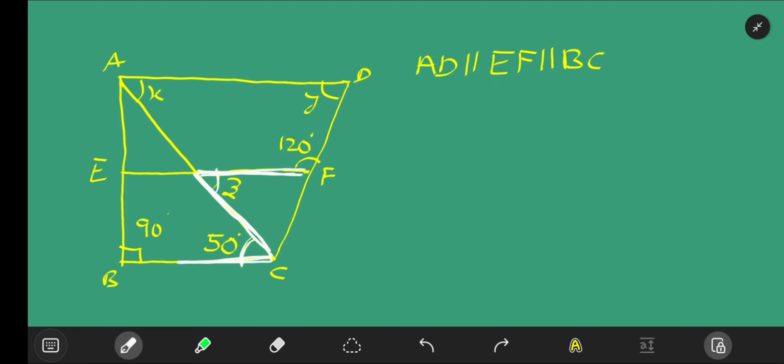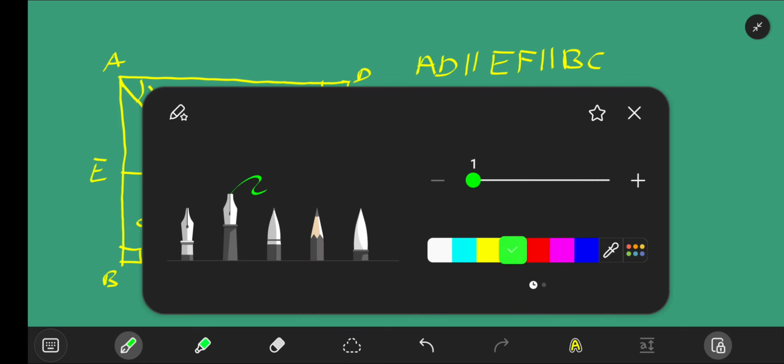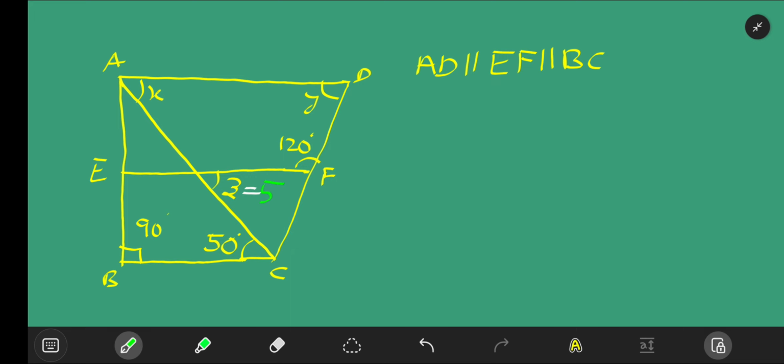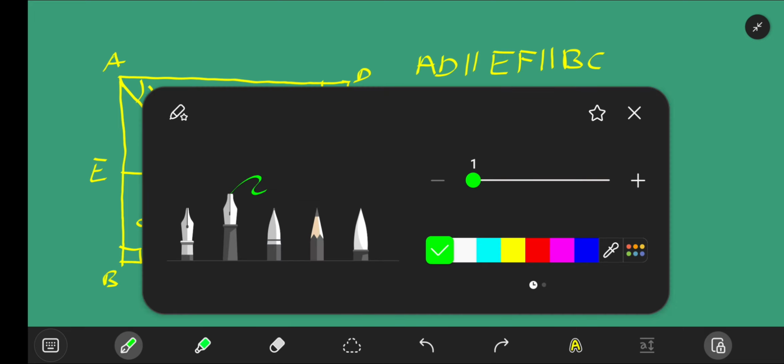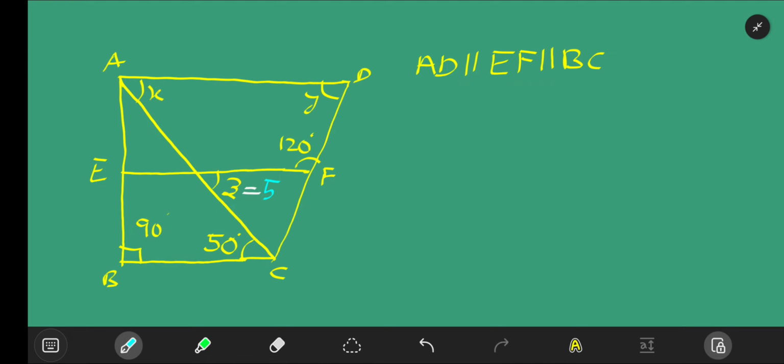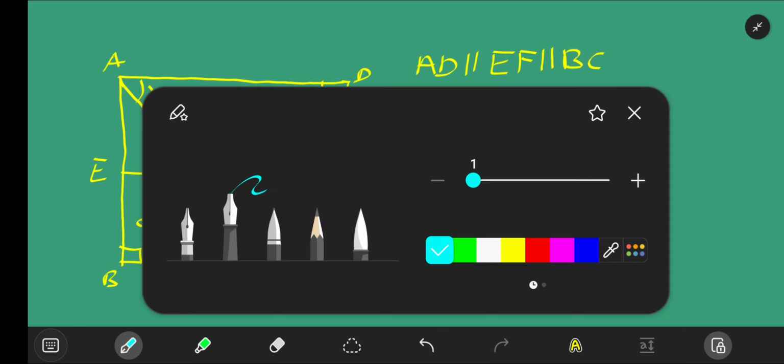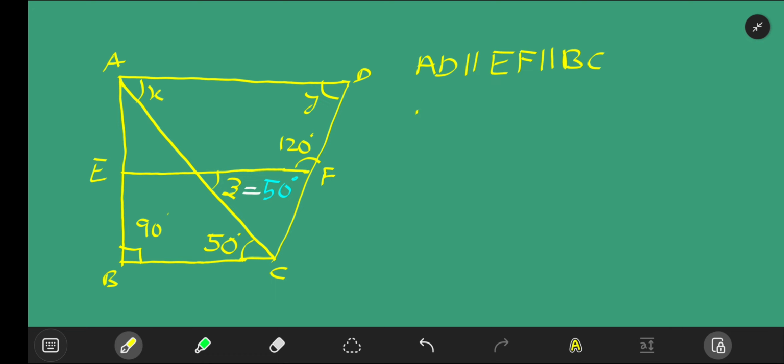When Z or N type of angles is formed, those angles we call alternate angles. So this Z is also equal to 50 degrees. So Z value we found. Here is the solution: Z angle is equal to 50 degrees.